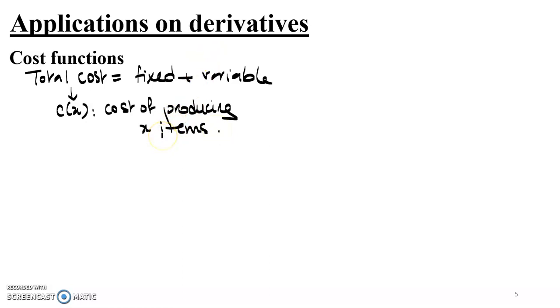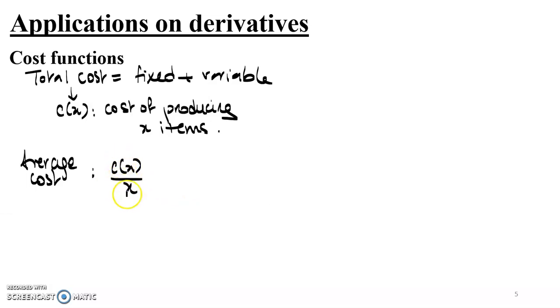Now, if I've already produced x items and I know that the amount of money I have to pay, which is the cost of producing them, is c of x, then in order to determine on average how much I paid to produce a single item, that would be the average cost, which is determined by considering the total cost and dividing it by the total number of items produced.